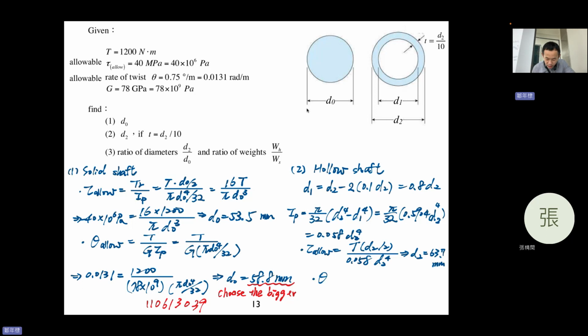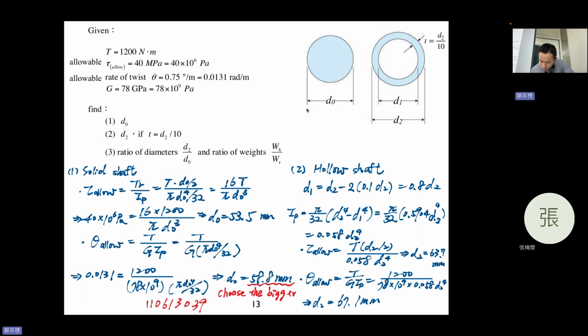Okay, and theta allow equals T over G IP, 1200 over 78 times 10^9 times 0.058 D2^4. So the D2 equals 67.1 millimeter.